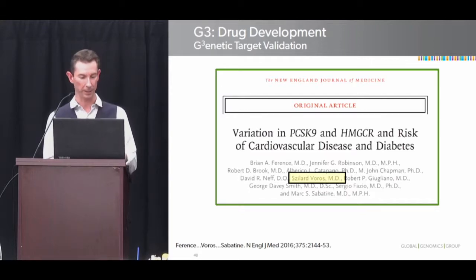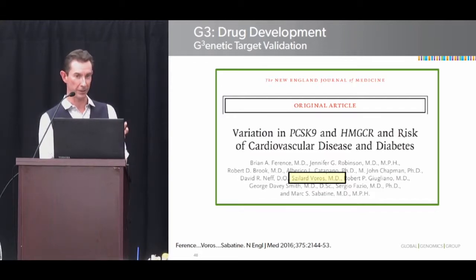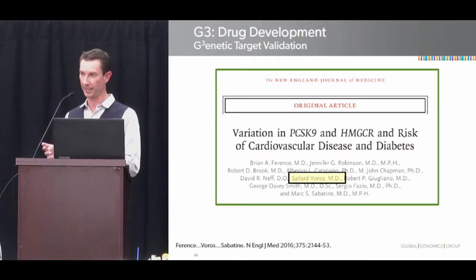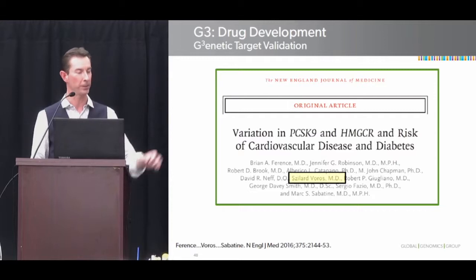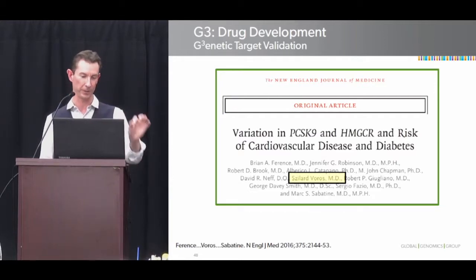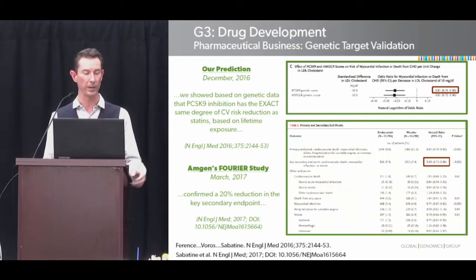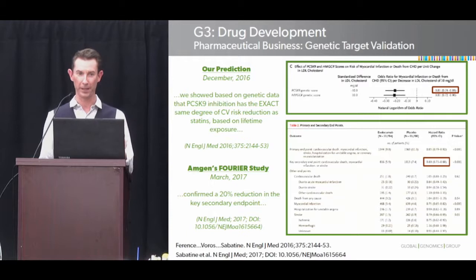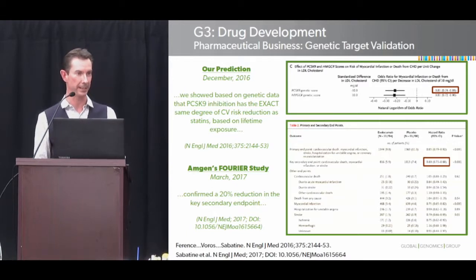In this case, we took HMG-CR, which is the target of statins, and PCSK9, which is a new drug being evaluated, and we performed the so-called 2x2 factorial Mendelian randomization study, just like you would do in a real clinical trial. And we were able to predict the outcome of the ongoing phase 3 clinical trials of PCSK9 inhibition on top of a statin.